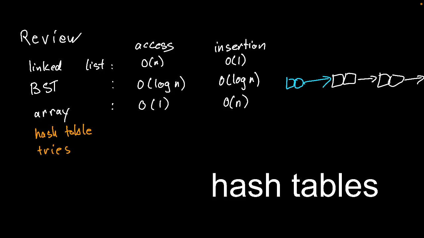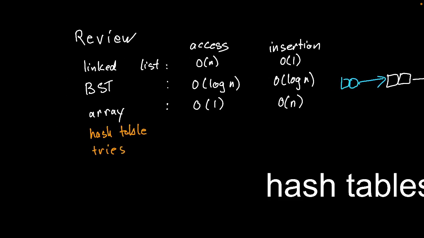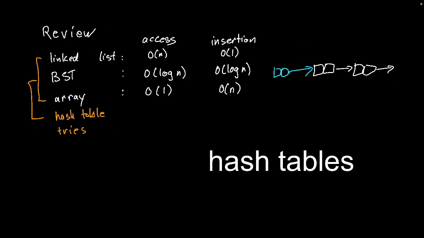These two are actually going to be an amalgamation of linked lists and arrays. So let's see how they work out and see what their access, insertion, and also search are.